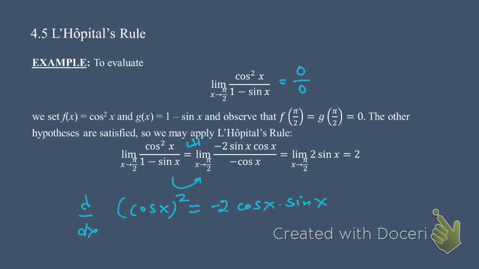Then the derivative of the denominator, 1 minus sine x: the derivative of the 1 is 0, and the derivative of sine is cosine, so I have a negative. What happens here is our negatives cancel, our cosines cancel, so we're just left with the limit of 2 sine x. The sine of pi over 2 is 1, so we get 2 times 1. So this limit is equal to 2.